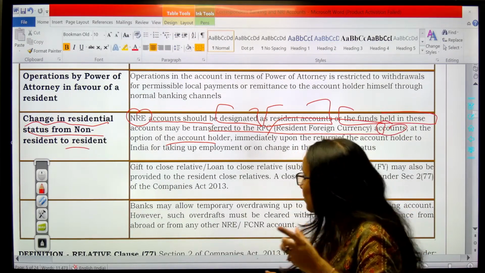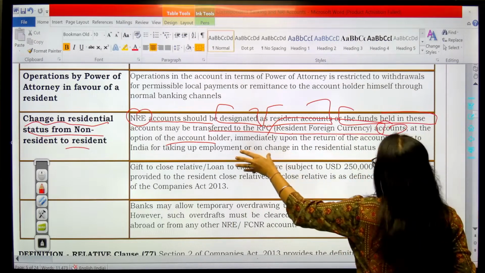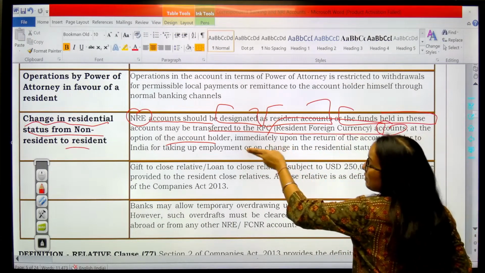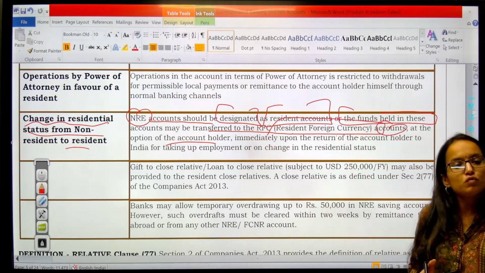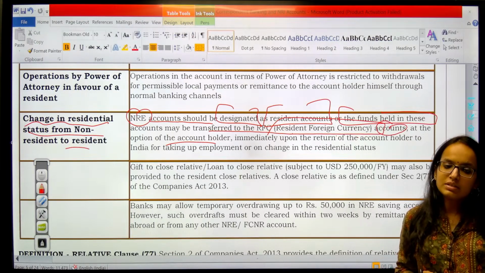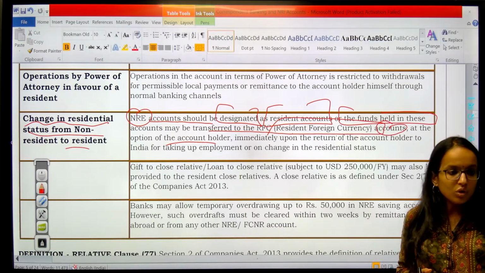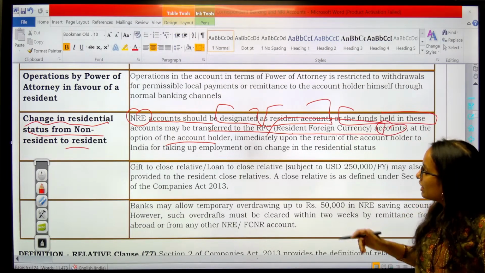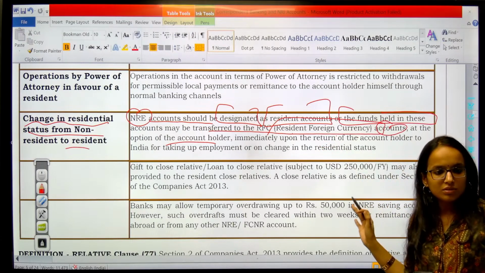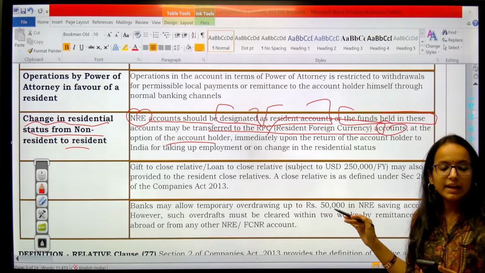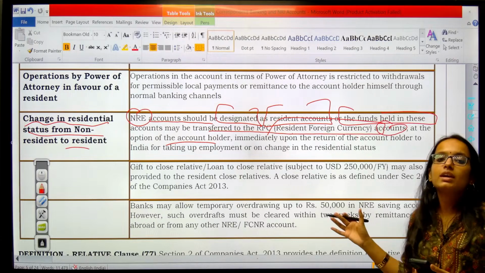The funds held in these could be transferred to this account then, if you want to change your residential status. Then it will no longer be NRE, rather it would be a resident foreign currency account.